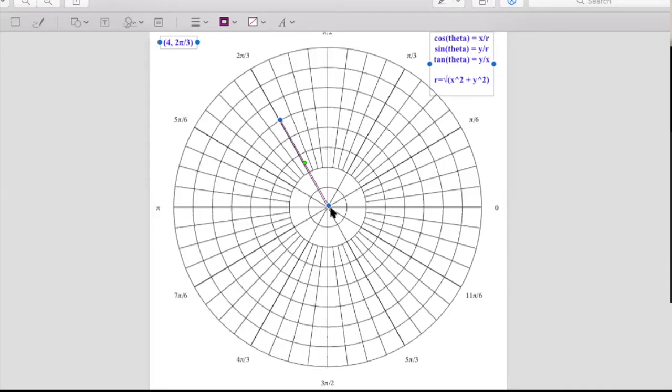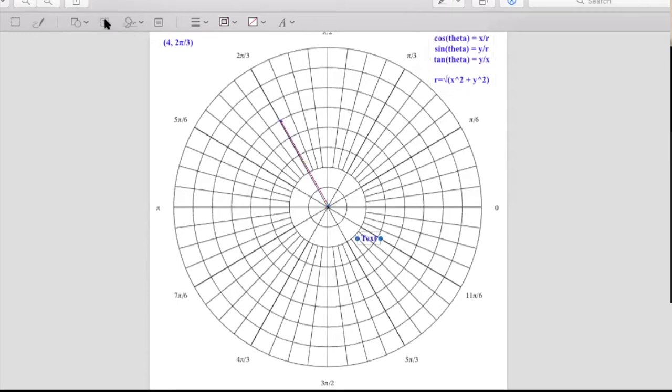And I would find the length here by using the Pythagorean theorem. Okay, and that, using x and y, would give me the polar coordinates. If I'm given the polar coordinates, on the other hand, then there are two things I need to do. But it turns out that this is even easier.